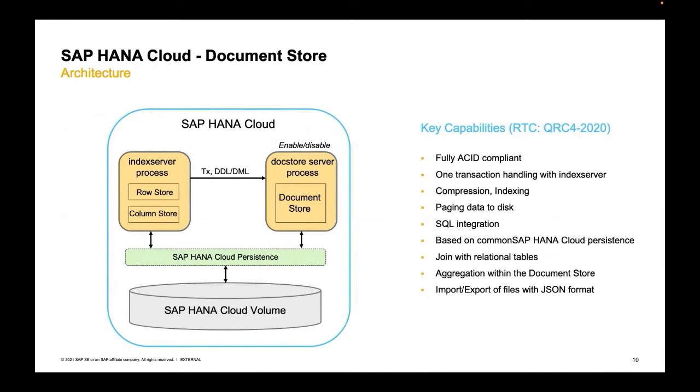Now we come to the document store. We introduced some new features and capabilities over the year of 2021. Just as a recap, what is the document store in the HANA Cloud instance? Actually, it's another process that you have in the HANA Cloud instance. It's tightly connected to the index server and runs in the same transactional domain, sharing the same persistence, so every modification you do is tightly connected to the index server.